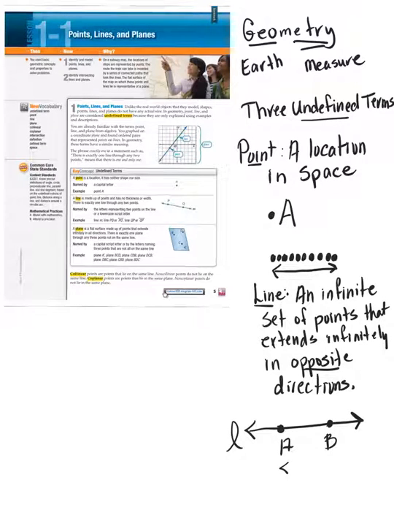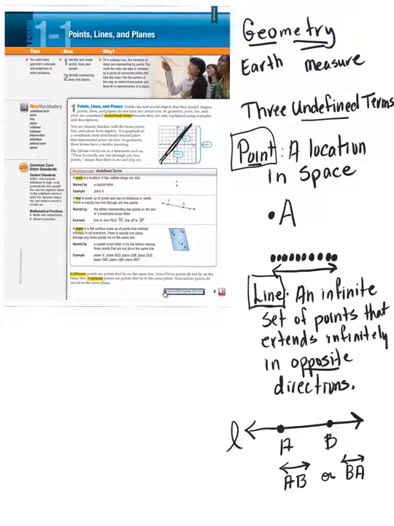So here I have line, symbol on top, AB, or the order of the letters doesn't matter in this instance. I could be saying line BA. Okay? So we have point as our first undefined term, line, just like a line on your graph.